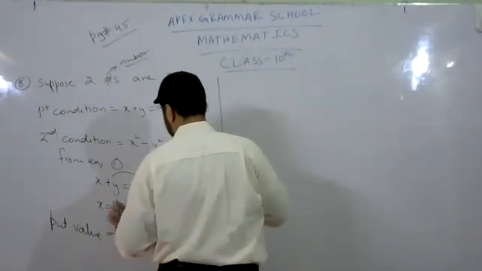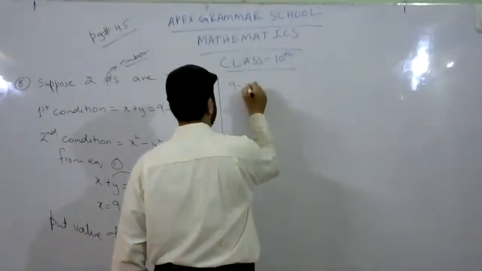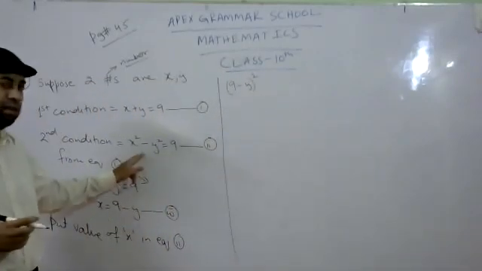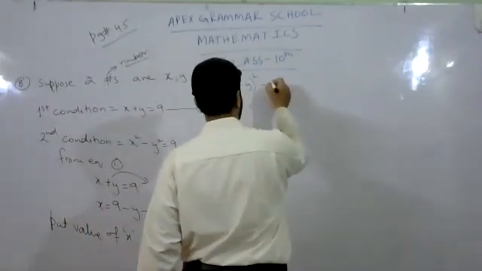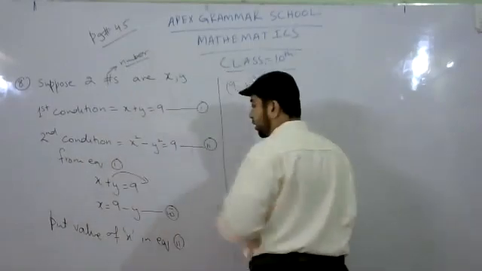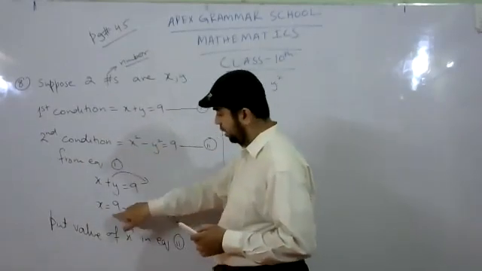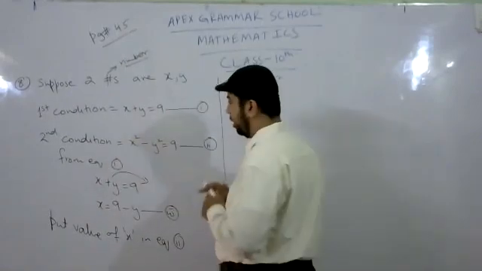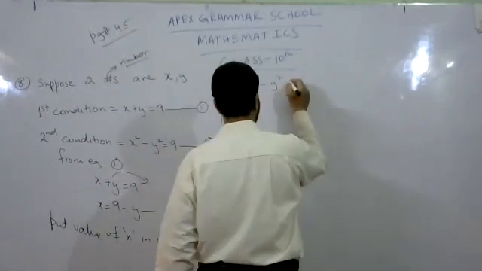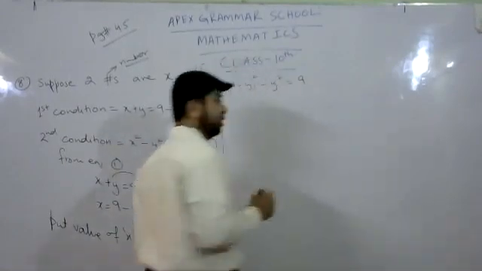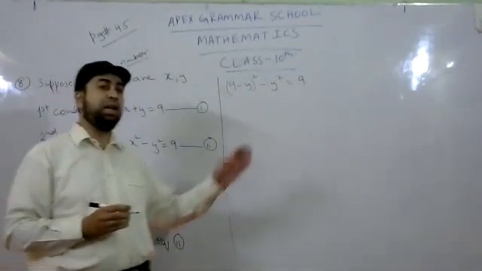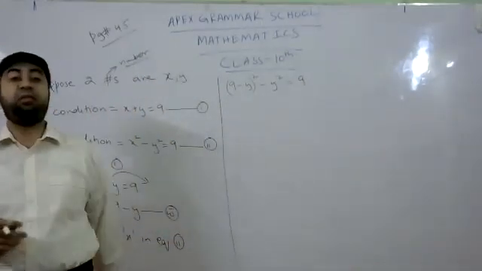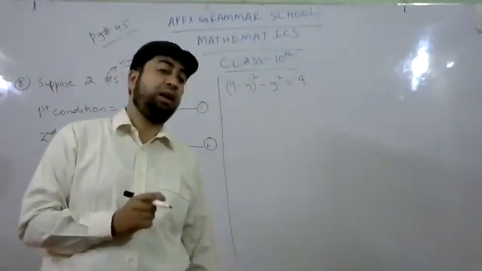We can say that 9 minus y whole square minus y square. Instead of x, we are writing this value. We are putting this value 9 minus y and square on it. After that, minus y square is equal to 9. Now you can see that we are left with only the variable y. So we can easily find the value of y.